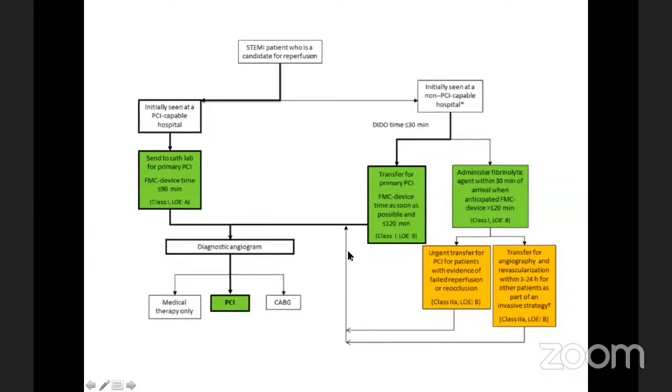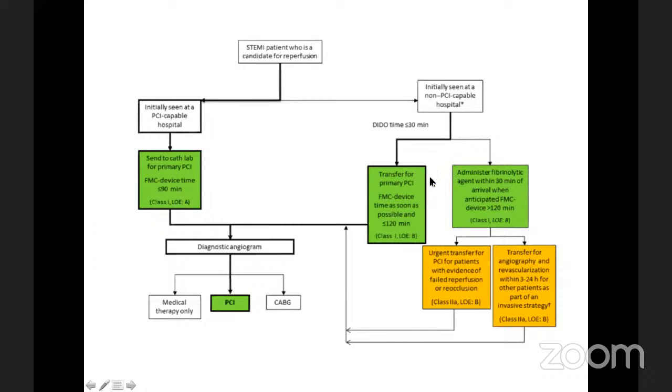If the patient is seen in a non-PCI capable center, send him to the PCI center if the anticipated time is less than 2 hours, and the door-in and door-out time, from admission at the non-PCI center to transfer to the PCI center, should be less than 30 minutes. So time is very important in this patient.